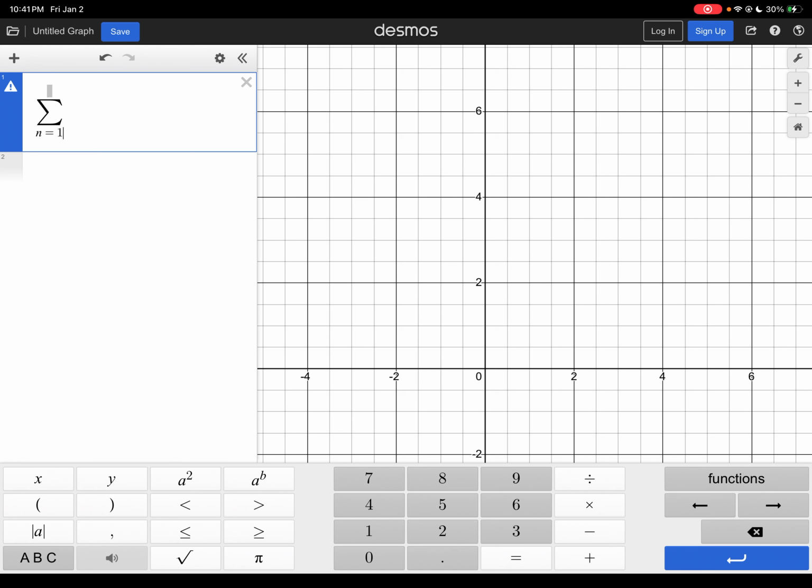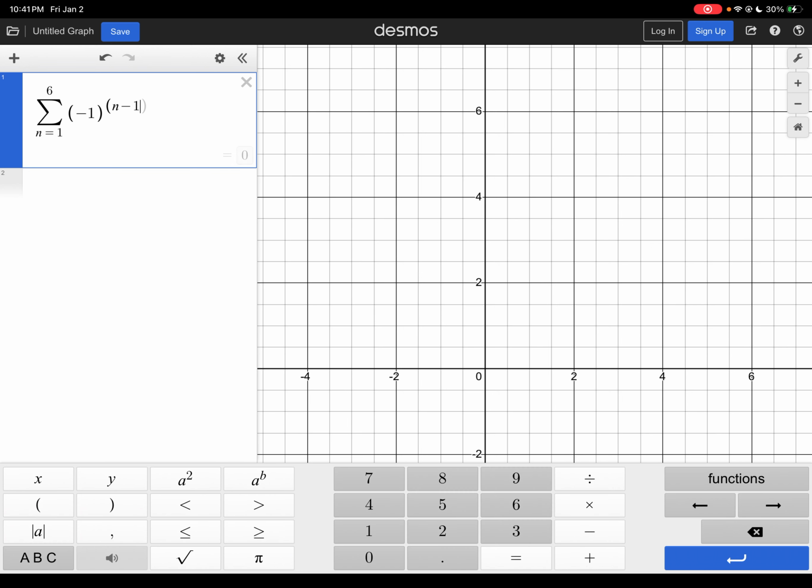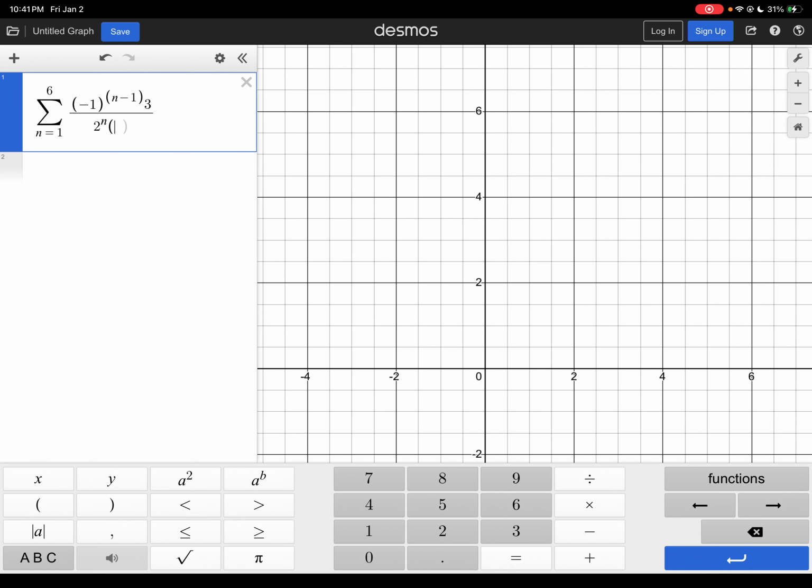Let's see, the 6th partial sum, the sum of (-1) to the n minus 1 times 3 all over 2 to the n plus 1. Okay, so my 6th partial sum is 0.565.